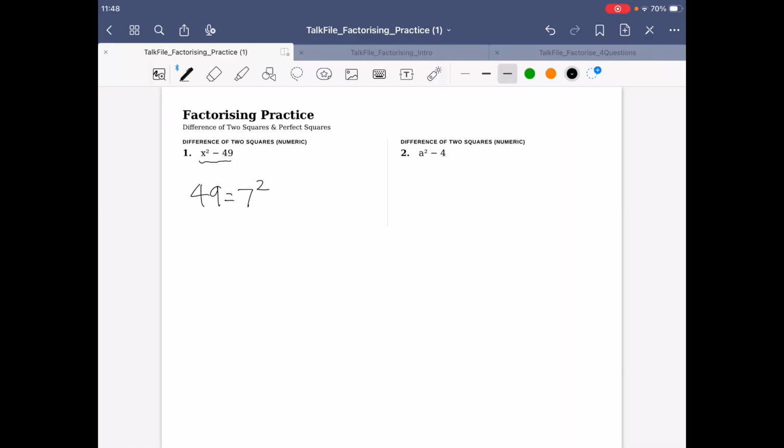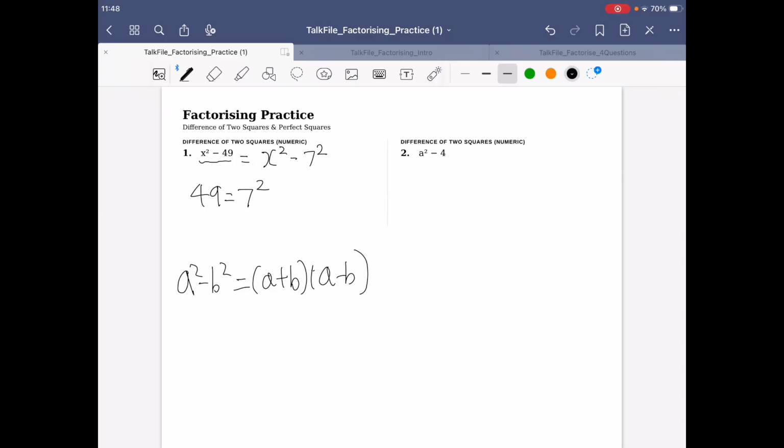So we could change this expression into x squared minus 7 squared. Why though? It's pretty obvious that those two are the same, but the reason I changed this form is to see the formula. I'm gonna write it down one more time.